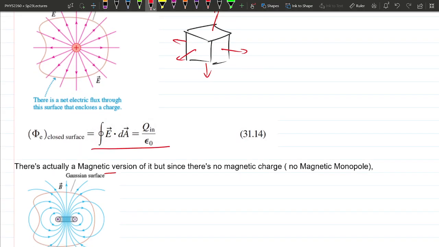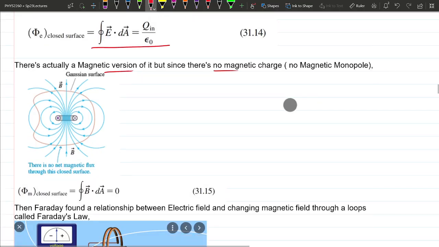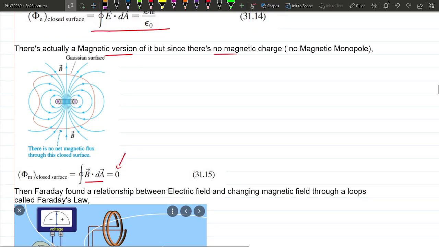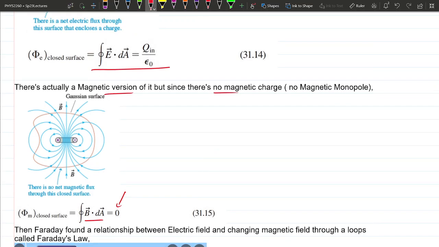There's also a magnetic version of it. It's not as interesting because the magnetic flux always comes out to be zero. E dot dA tells you how much charge is inside a little container, but B dot dA tells you how much magnetic charge there is.